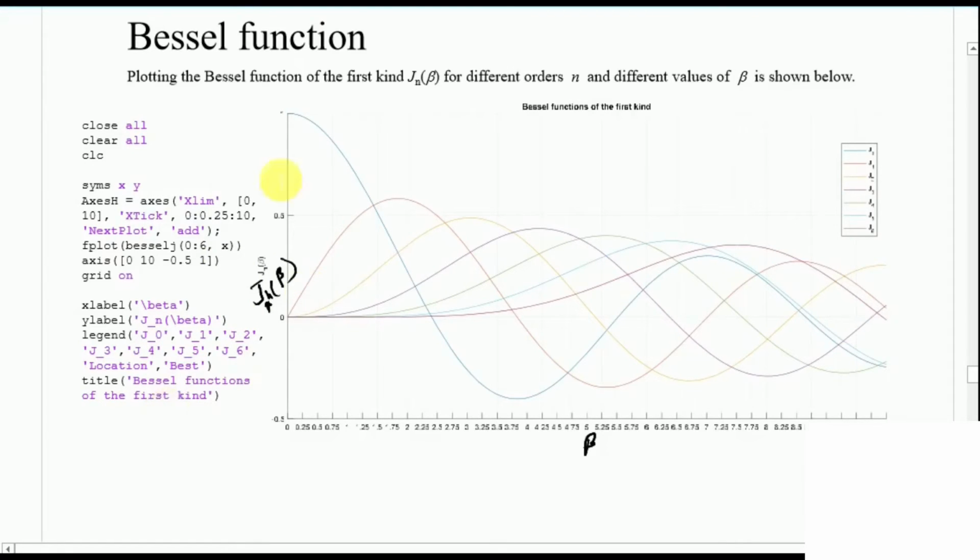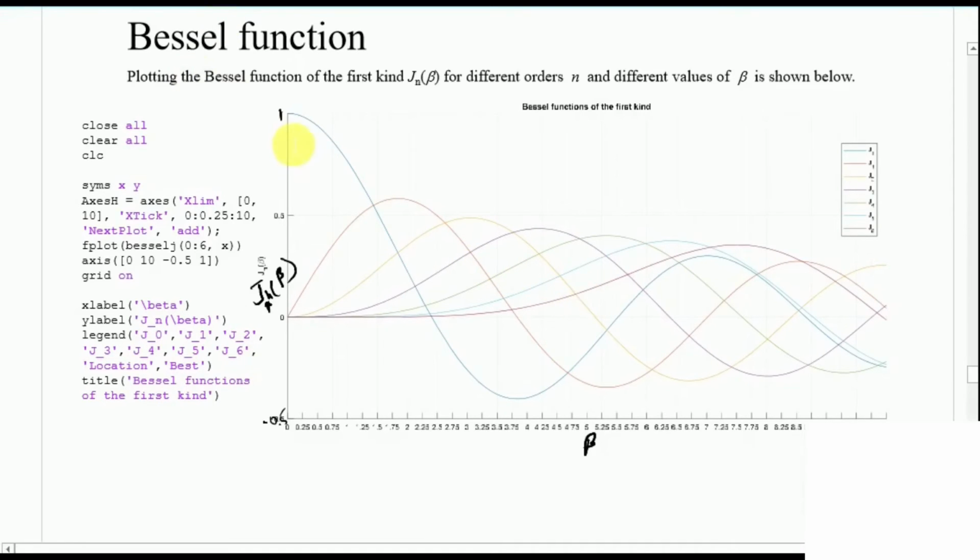So we have a number of curves, and the range goes from 1 to minus 0.5. The blue one is J0, then the red one is J1 of beta, then J2, J3, J4, J5, J6, and so on. So I have used n from 0 to 6: 0, 1, 2, 3, 4, 5, 6.